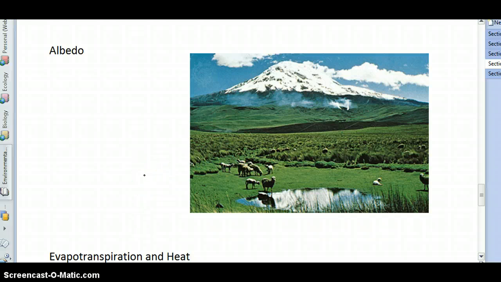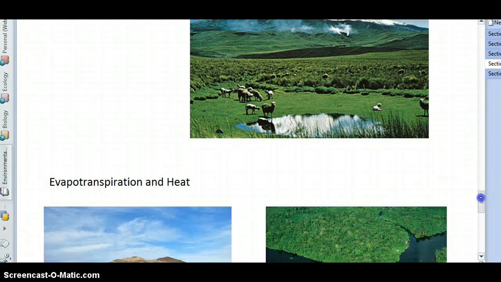It has, we would say, a low albedo, whereas the snow up on the peak here has a high albedo. It's very reflective, and so the sunlight will tend to bounce off there and help maintain the cooler temperatures there, whereas down in the valley it'll be a bit warmer because that darker surface will be absorbing sunlight.